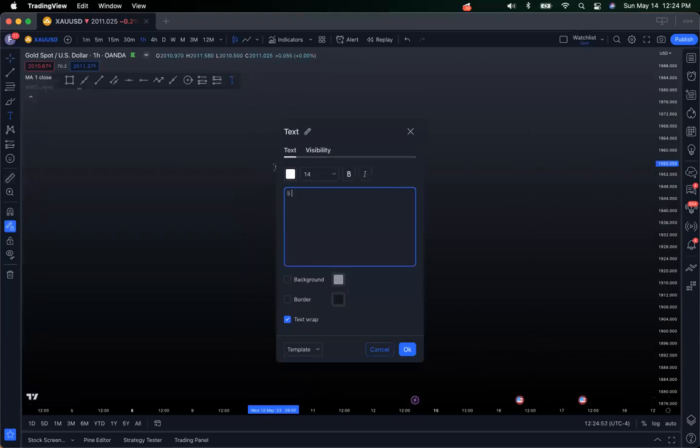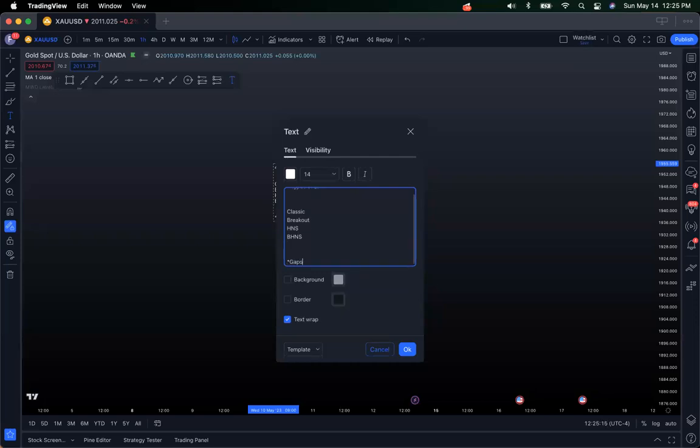So we have 5 types of, we're going to do 4 types of SNR today. 4 types. SNR classic, we have breakout, head and shoulders, broken head and shoulders.